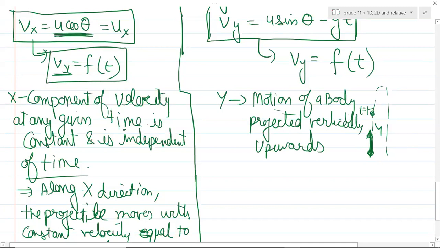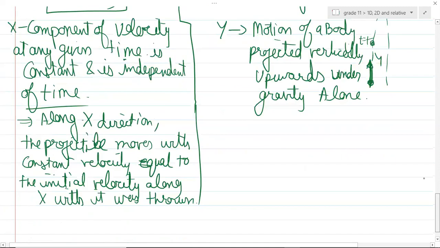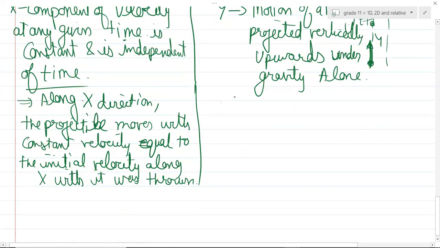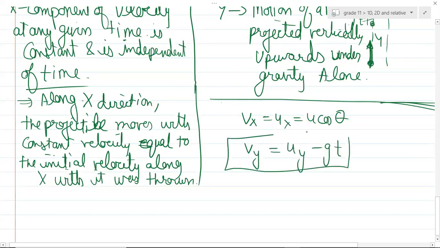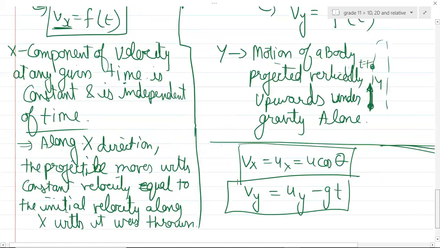With the help of the velocity vector, you interpret the result. Is this clear, guys? Vx, Vy, any doubt? You can write Vx equals u cos theta, whereas Vy equals u sin theta minus gt. Write these results. I'm coming to it.